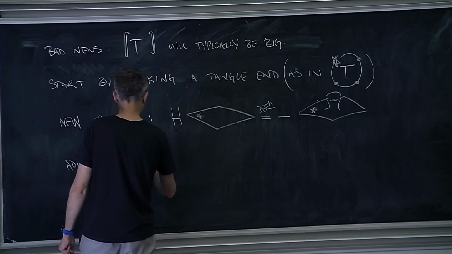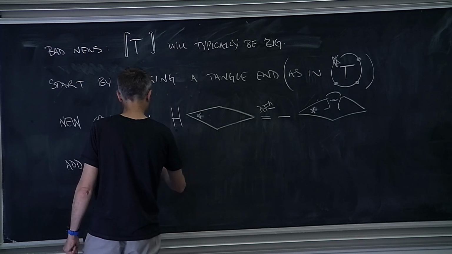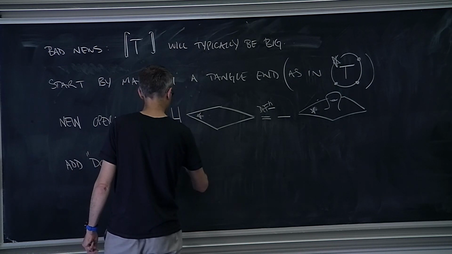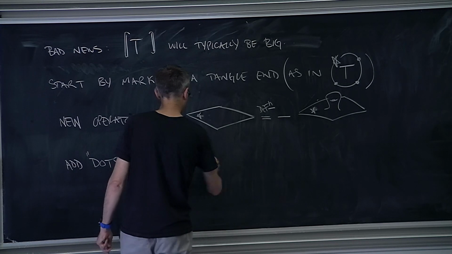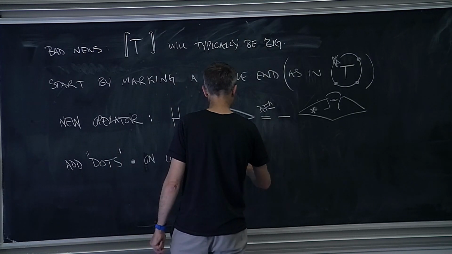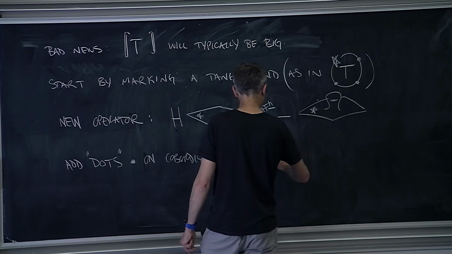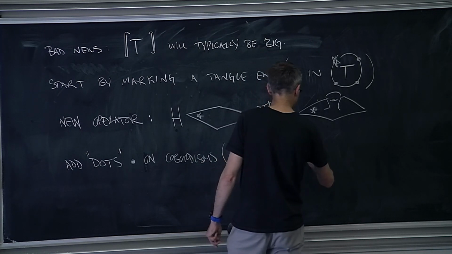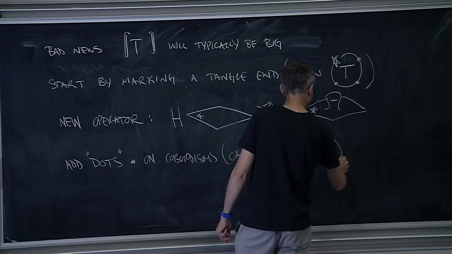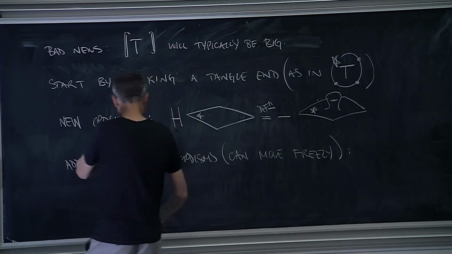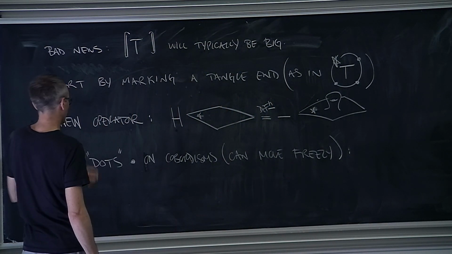a point on cobordisms. And these can move freely on components. So what's that going to mean?